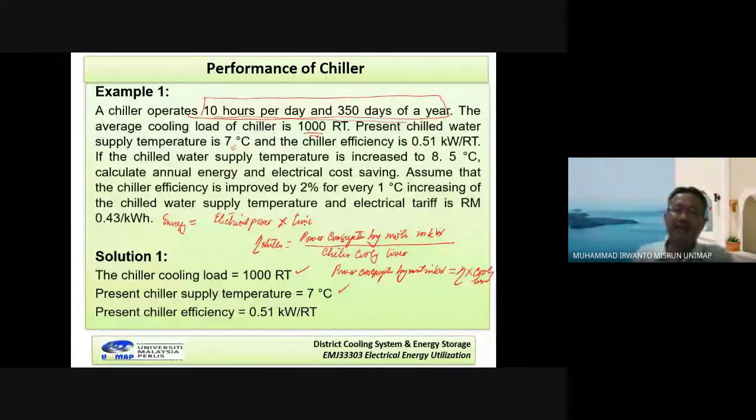And then the electrical power can be obtained from efficiency multiplied by cooling load.